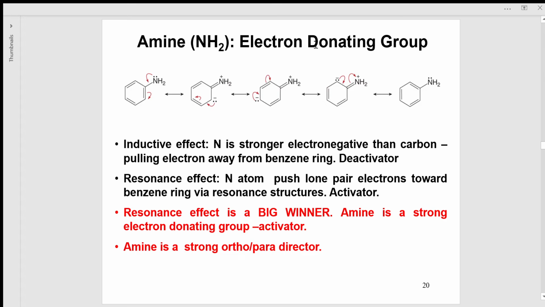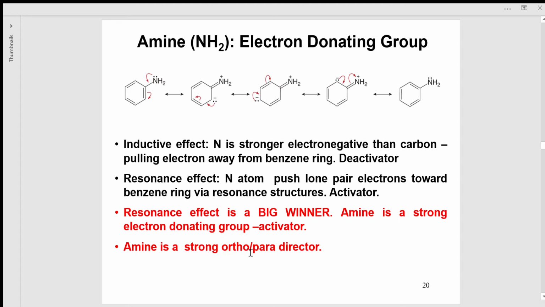So we have to do many experiments, and finally organic chemists figured out that the resonance effect is a much more important player than the inductive effect, which means the giving effect is much stronger than the pulling effect. So we can see amine is basically a very strong electron donating group.